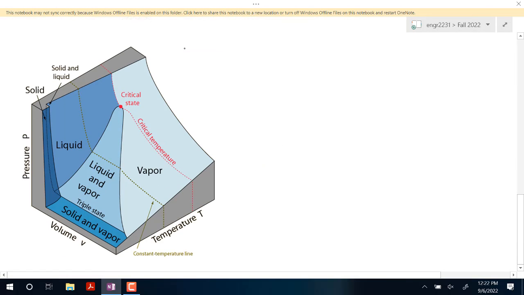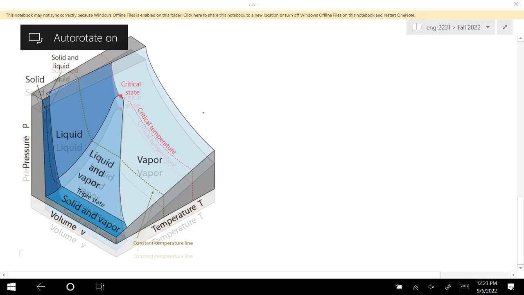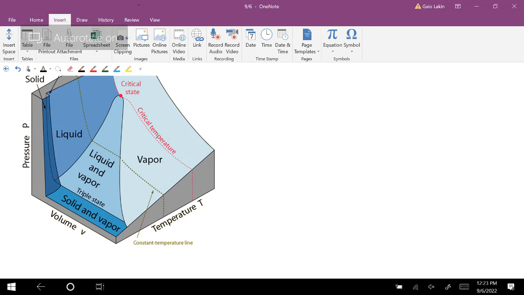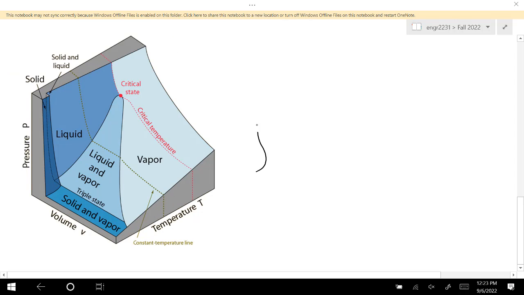Okay, so most of the features of this are similar when you label this. So this is for water or any simple compressible substance that expands on freezing.